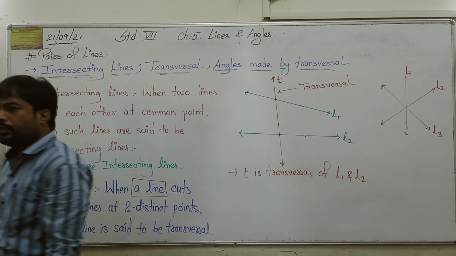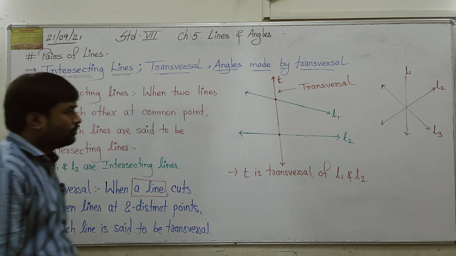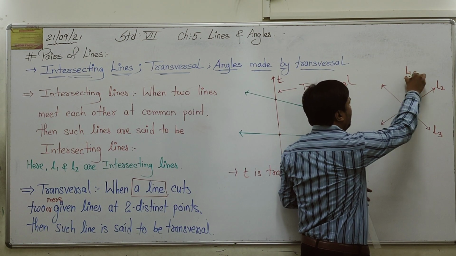Three lines are intersecting. Can you see that? Yes, three lines are intersecting. They are cutting each other. Which is the transversal?